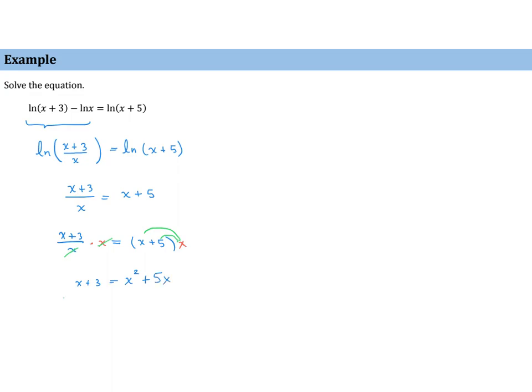This is quadratic, so let's get one side equal to 0. And so we have 0 equals x squared plus 4x minus 3. This does not factor, so we'll have to use the quadratic formula.